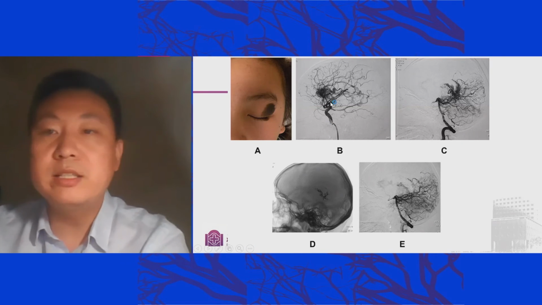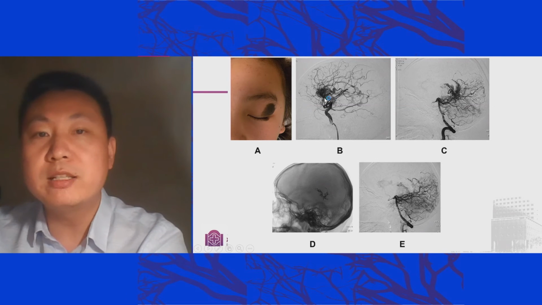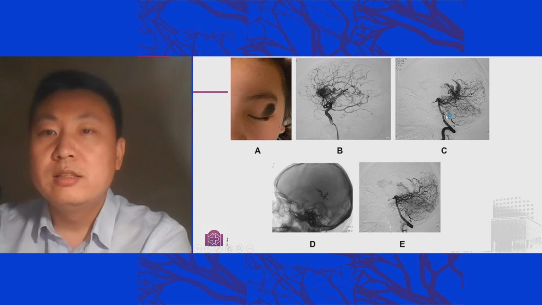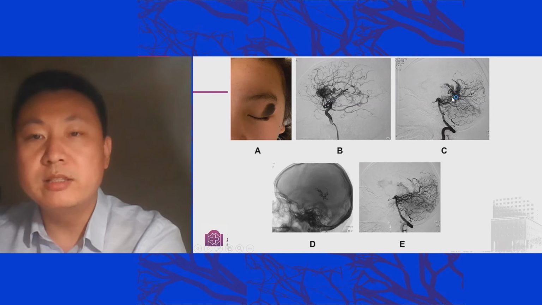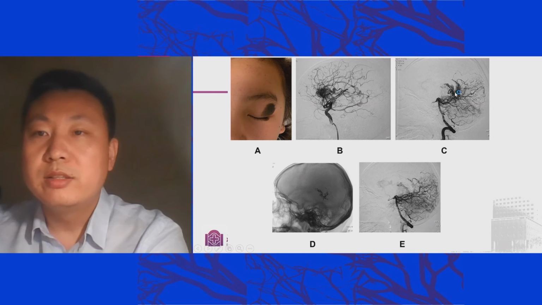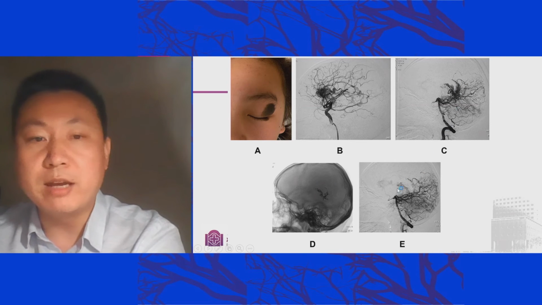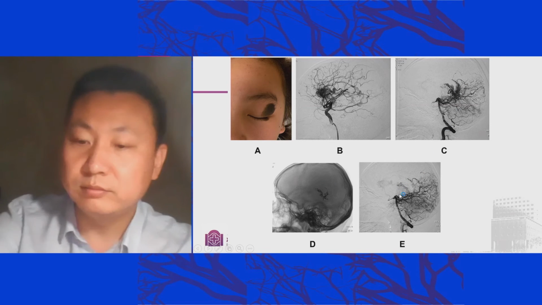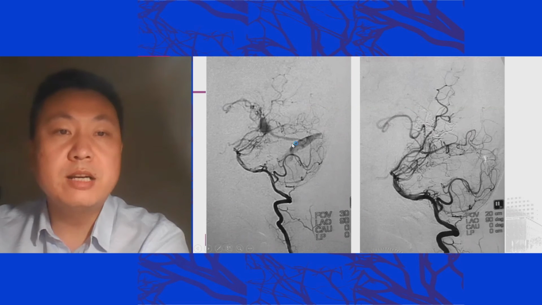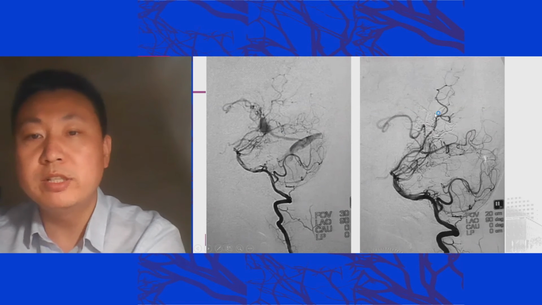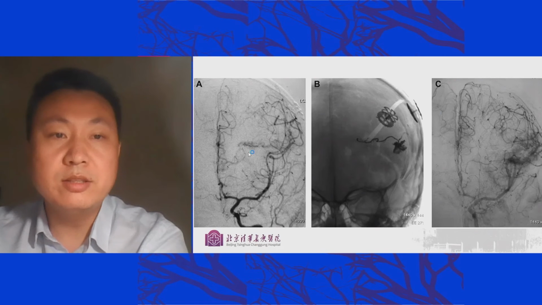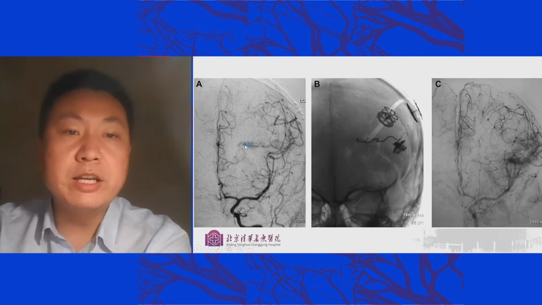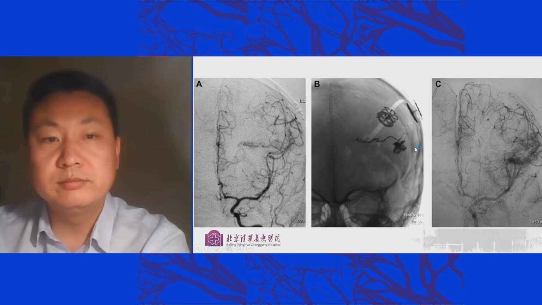This patient presented with two AVM nidi. The thalamus AVM is the bleeding lesion. Therefore, we embolized the thalamus AVM. This is the thalamus AVM, also completely occluded with Onyx. This is a residual AVM after surgery.